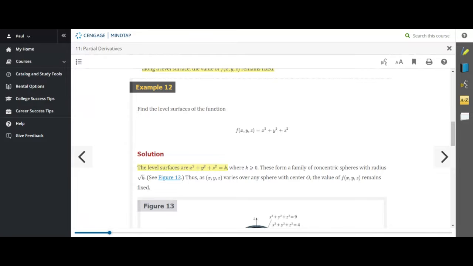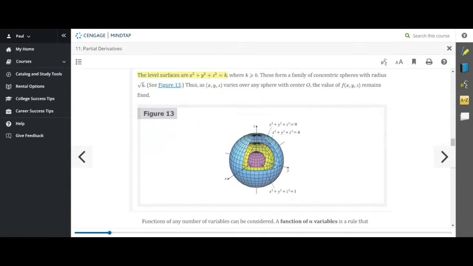That's a level surface, right? And what is that? That's a sphere. As we change k, the spheres change. So if we want to get an idea of the level surfaces of this function, we would vary k, and we would get what you see in Figure 13.